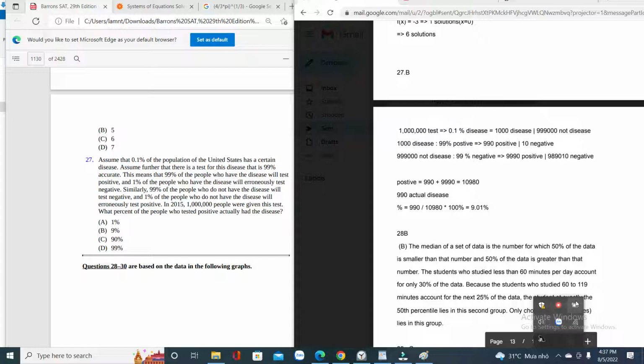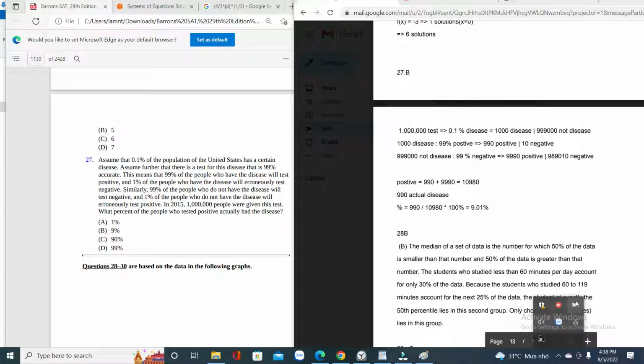Therefore, we calculate the total of people who actually tested positive, which is 990 plus 9,990, which is going to yield 10,980. So thus we have calculated the total number who test positive.